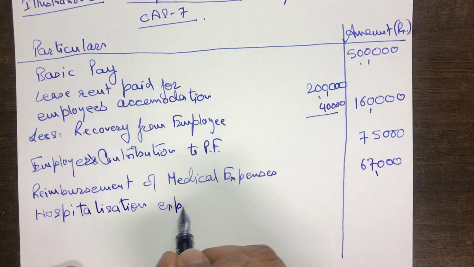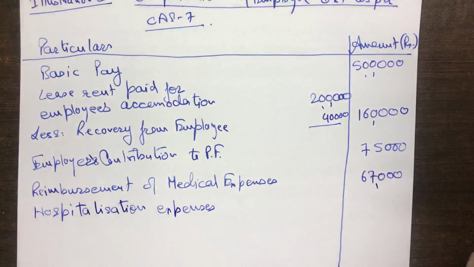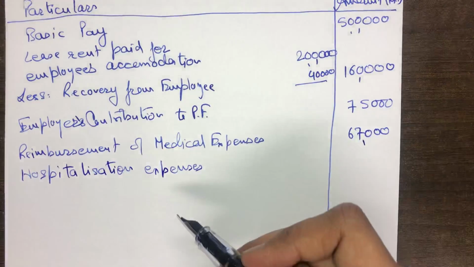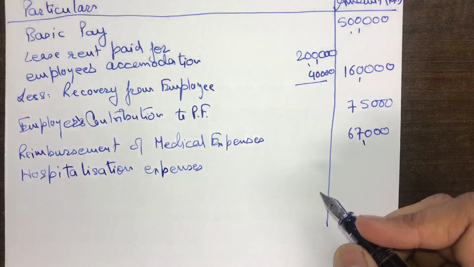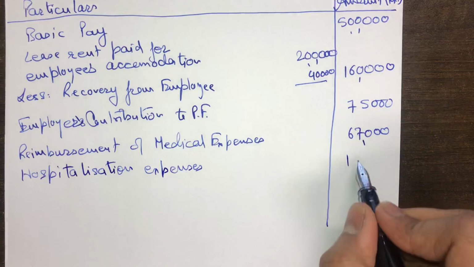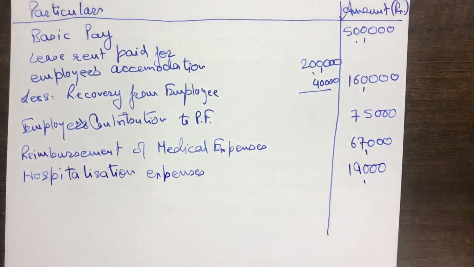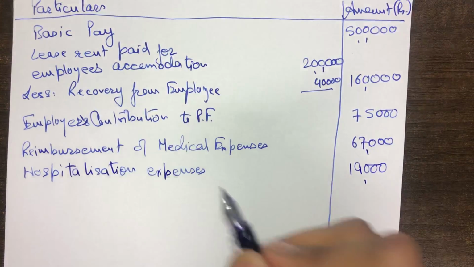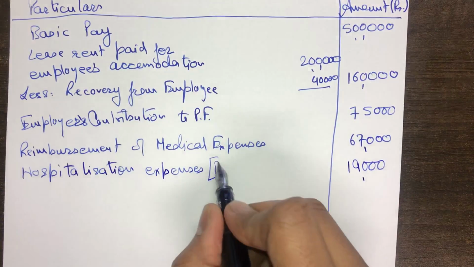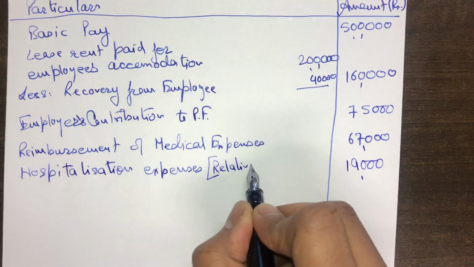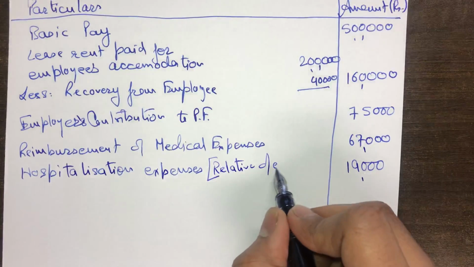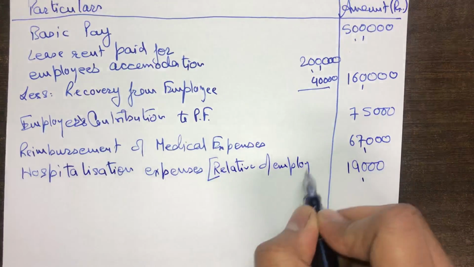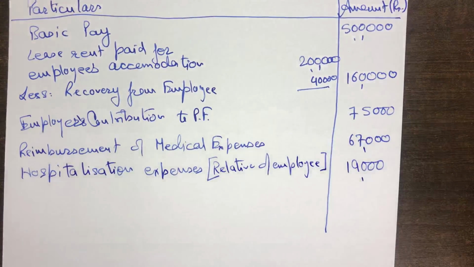Then comes the hospitalization expenses. Again, guys, the employer is paying on behalf of the employee and hence hospitalization expenses should be added in the employee cost. Of course, hospitalization is not happening for the employee, but for a relative of the employee. Still, the expenditure should come as a part of employee cost.